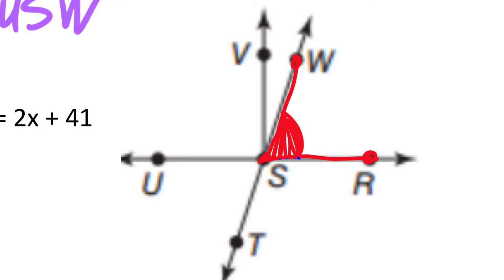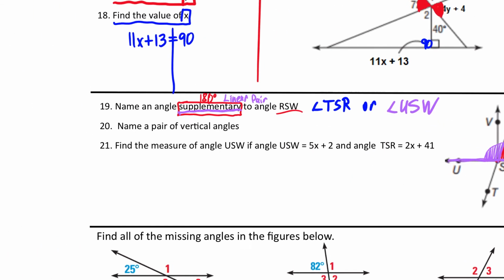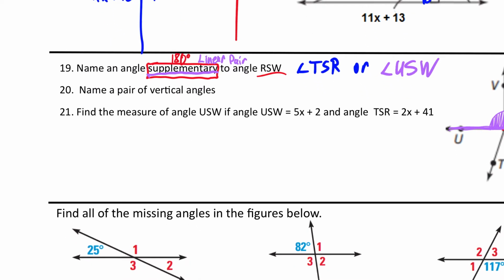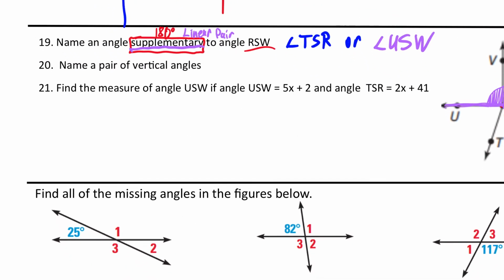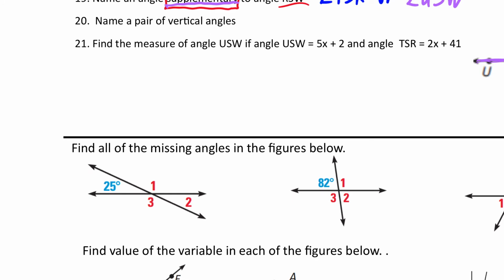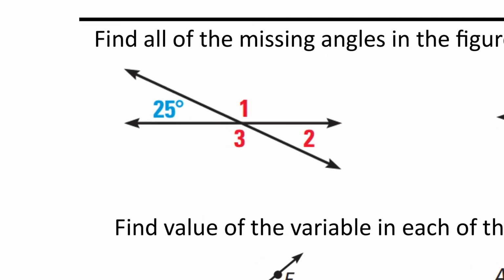Now I want another angle put together with that one that makes a line, a linear pair. So from here to here, this angle, okay, right here. And so you can see how those 2 put together make a straight line down here. They make 180. All right, number 20, you're going to name a pair of vertical angles. And number 21, you're going to think through that and work that out.